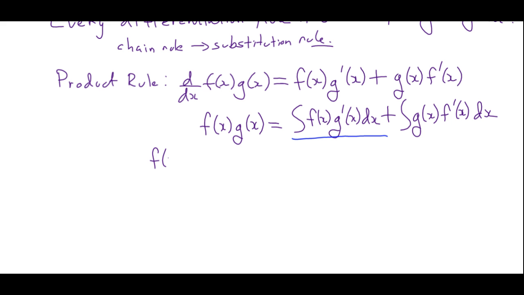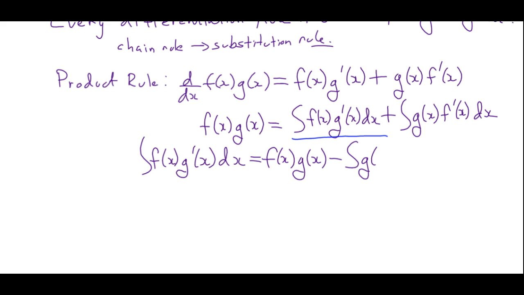So we get the integral of f of x, g prime of x dx is equal to f of x, g of x minus the integral of g of x, f prime of x dx.